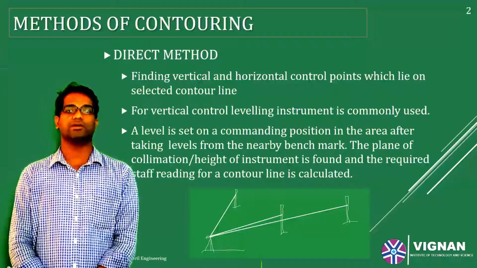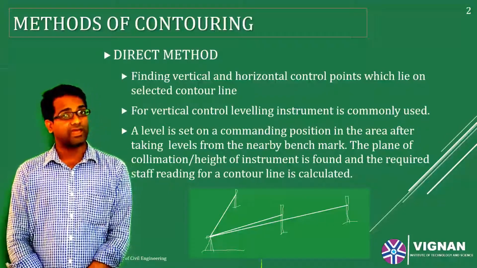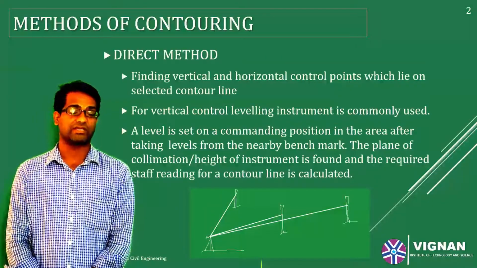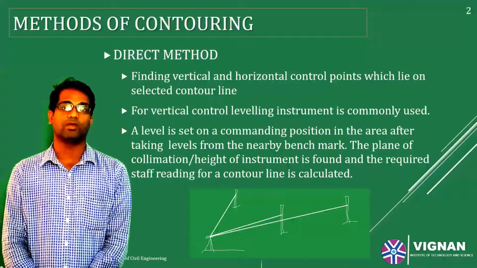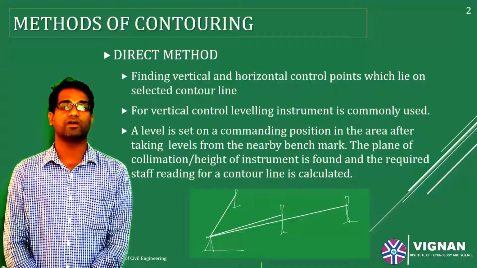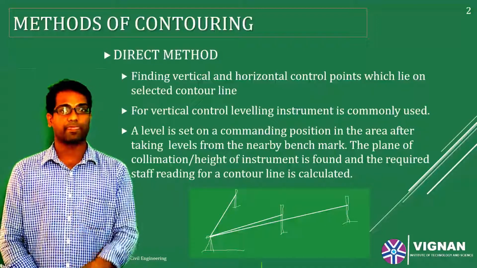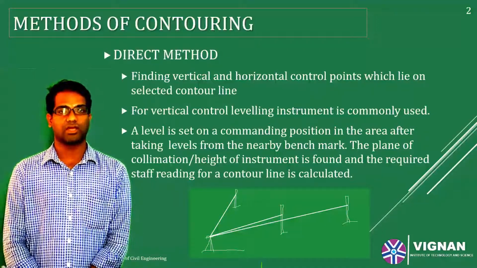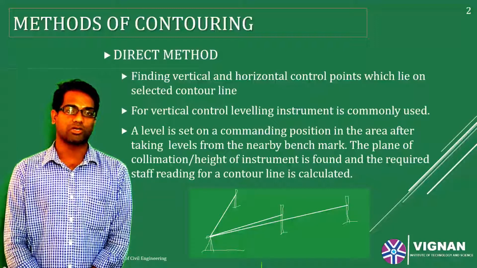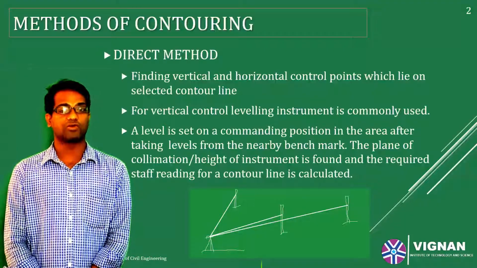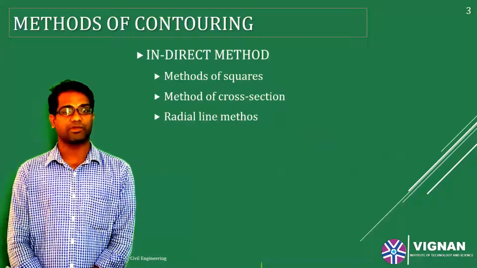So in the direct method, we directly get the contour lines on the field itself. It is very useful when you have an immediate requirement of contour lines, but it is inaccurate. You cannot plot contour lines if the area is large. So we'll choose the indirect method.